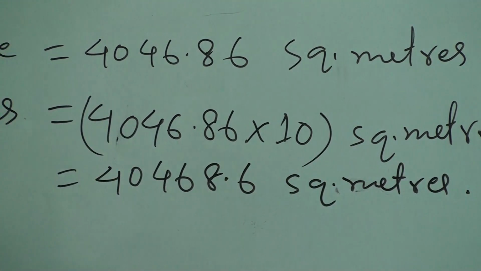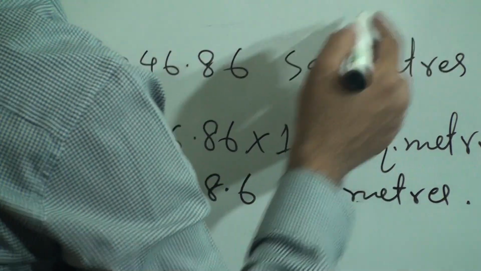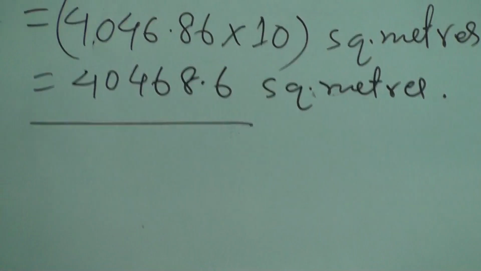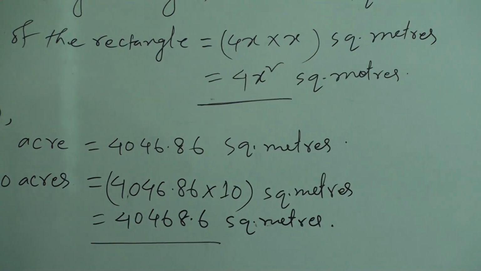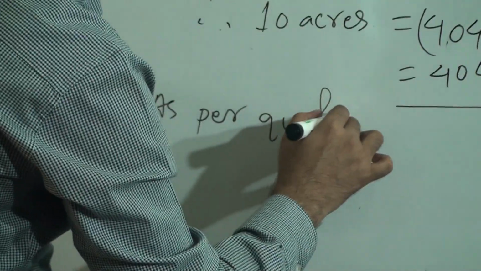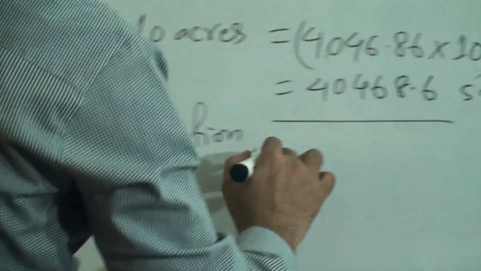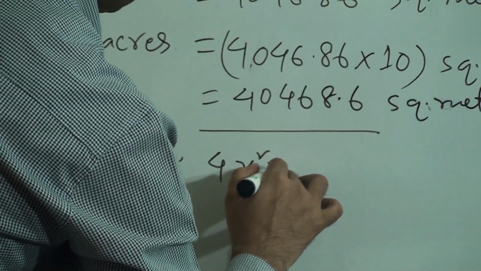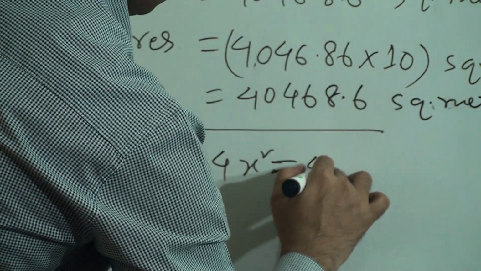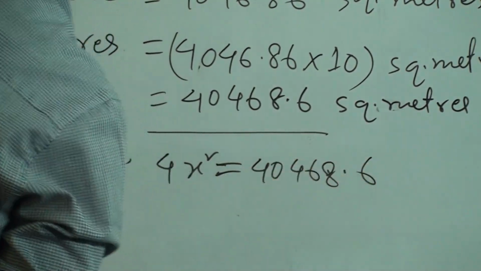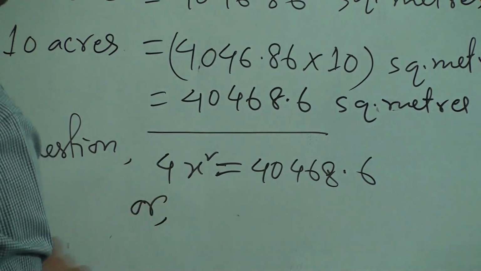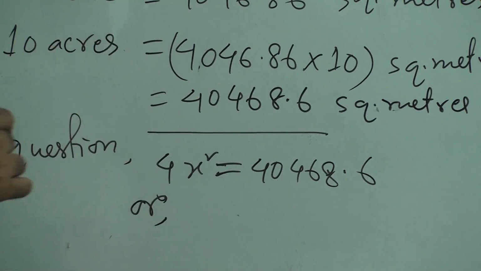Okay, dear students, now according to our question, this is the area of the rectangle, and this is also the area of the rectangle, so these two must be equal. So we can write here, as per question, 4x square is equal to 40468.6, and we can solve and determine the value of x.